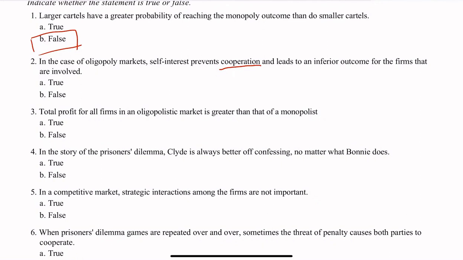However, self-interest will prevent them from cooperating with each other. And we have also learned that the outcome in the oligopoly market is actually inferior compared with the outcome in the monopoly market. To be more specific, firms in the oligopoly market charge lower prices and produce more and earn lower profit compared with a firm in the monopoly market. So this is true.